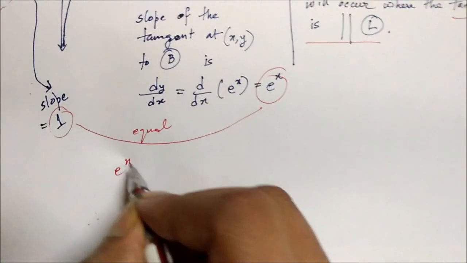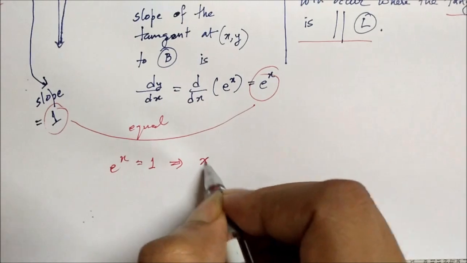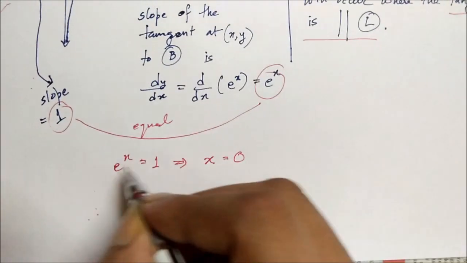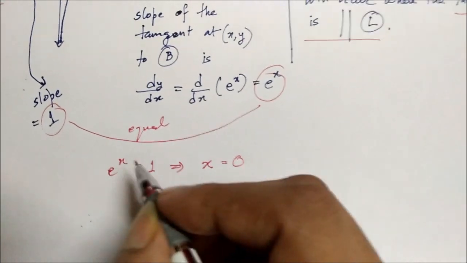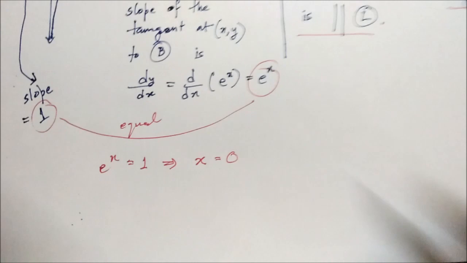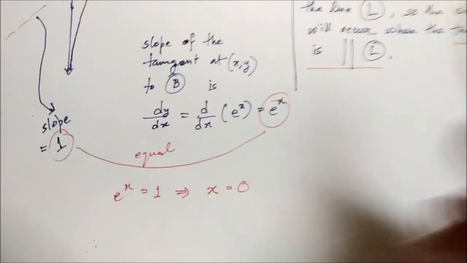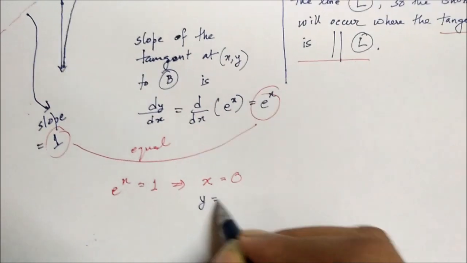And when does that happen? When e to the power x equals 1, that is when x equals 0. e is a positive quantity, so there's no other way. Any positive quantity, if you raise it to the power 0, only then can you get 1, right?